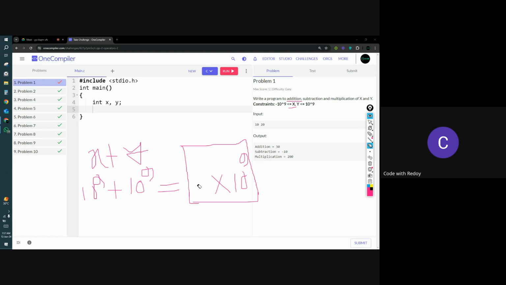So can we store the value in the integer type? What is the range of that integer? Minus 10 to the power 9 to 10 to the power 9. So the result of x and y, that means the summation, is within 10 to the power 9. So you can store the result in an integer variable.